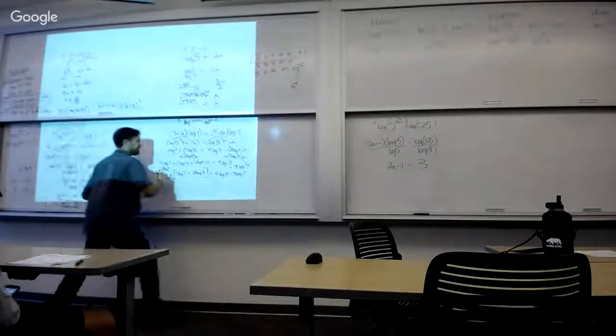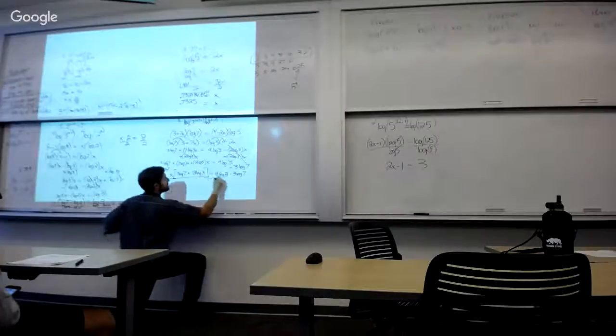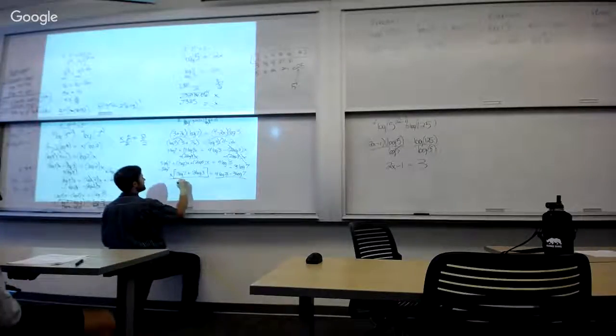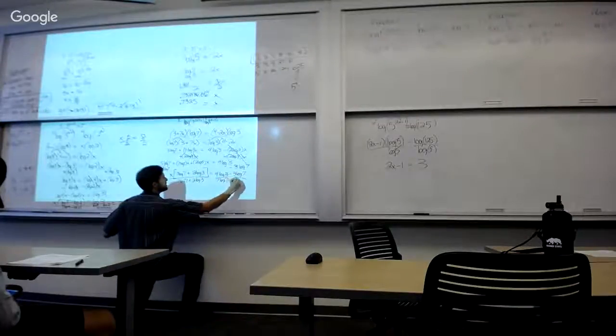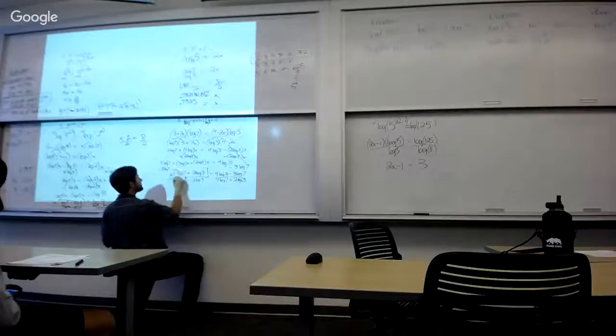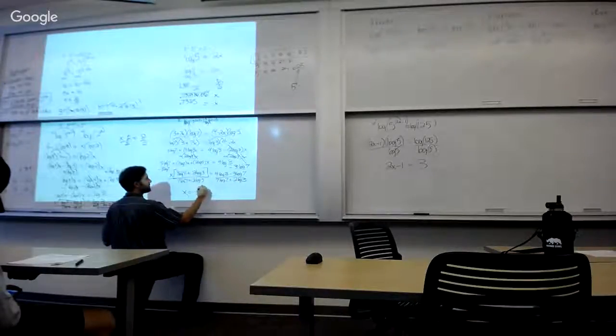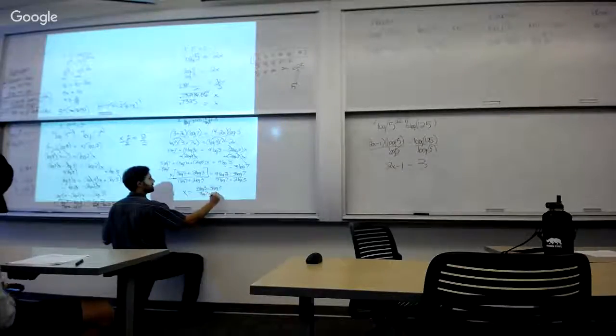So we're going to divide off that entire expression to the other side, 7 log 7 plus 2 log 3. And we have our answer. x equals (4 log 3 minus 3 log 7) all over (7 log 7 plus 2 log 3).